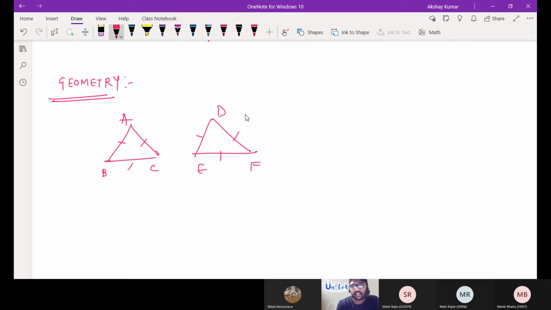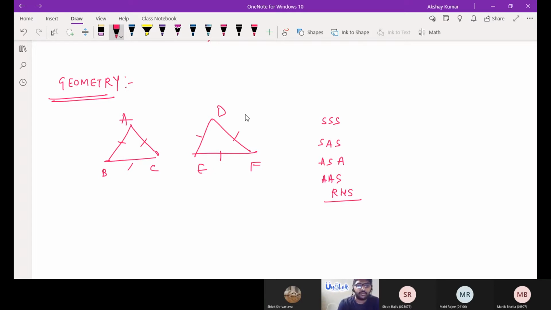So CPCTC will help you. If you show two triangles are congruent by any way, for example SSS, SAS, ASA, AAS or RHS, then the remaining unproved sides should also be equal to each other because they're congruent. For that, we use the statement CPCTC, that is, corresponding parts of congruent triangles are congruent.